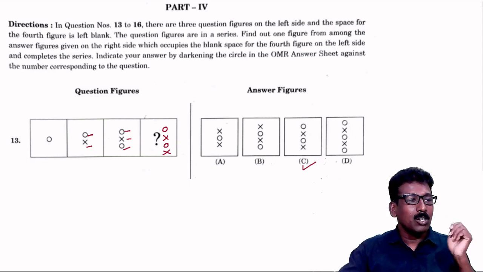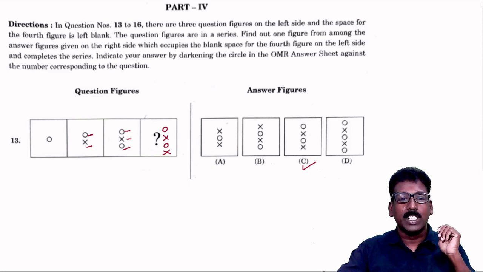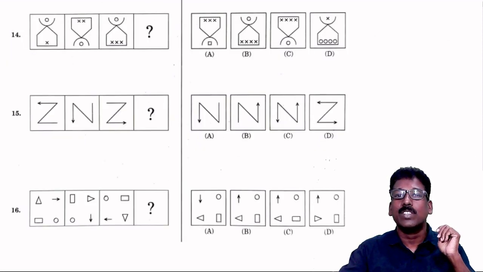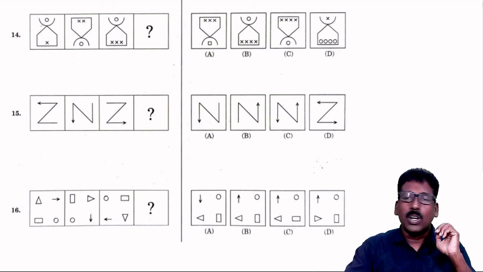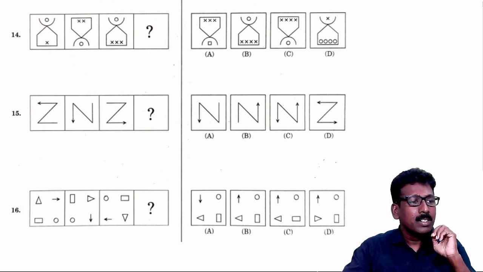Now, let us look at the remaining questions, that is 14, 15 and 16 of this same type. Here in the 14, you can see the first one is a semicircle part, second it is downside, third again it is upside, so fourth it will be downside, and everywhere there is a circle inside.